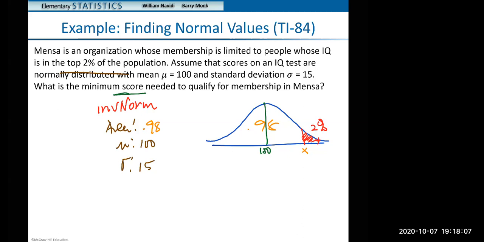Okay, so now what is the answer? So yeah, 130.81.